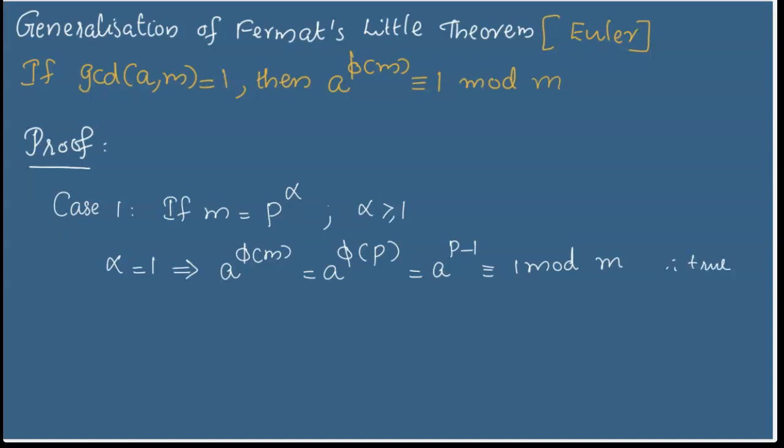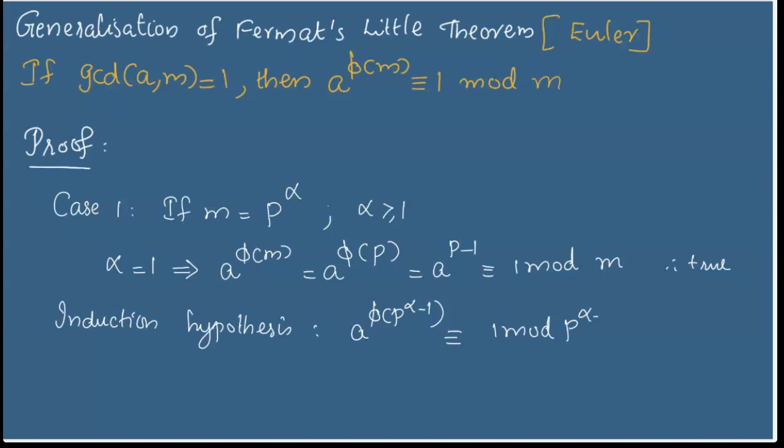Now let us assume, as our induction hypothesis, that the result is true when M is equal to P raised to alpha minus 1. That is, we assume that A raised to phi of P raised to alpha minus 1 is congruent to 1 modulo P raised to alpha minus 1.